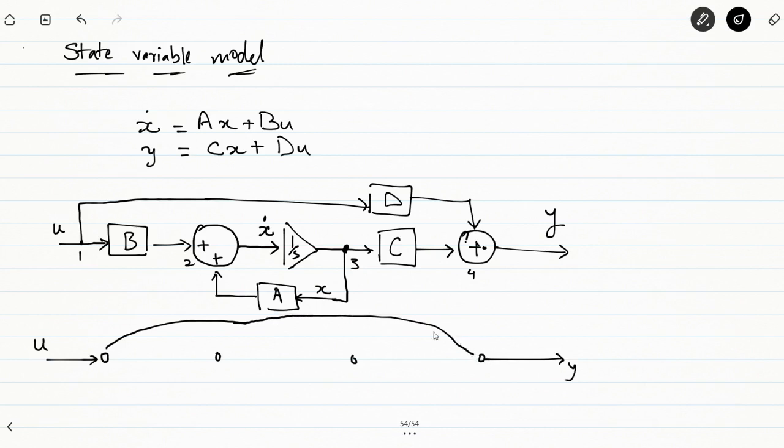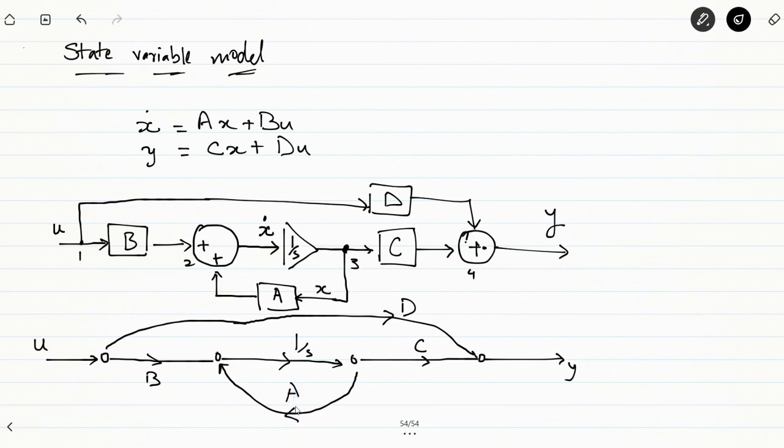So the gain of this branch is actually D. Gain of this branch is B. Gain of this branch is 1 by s, and gain of this branch is C. You also have a branch from this point to this point, the gain of which is actually A.